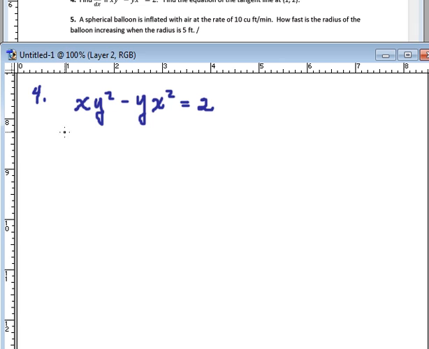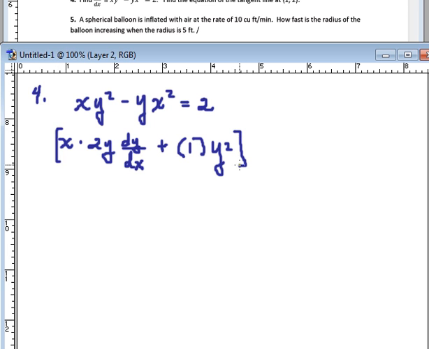So we have the first times the derivative of y squared, that's times 2y dy dx. The first times the derivative of the second plus the derivative of x is 1 times the second, y squared. So all of this is the derivative of this first term, xy squared, minus the derivative of yx squared.